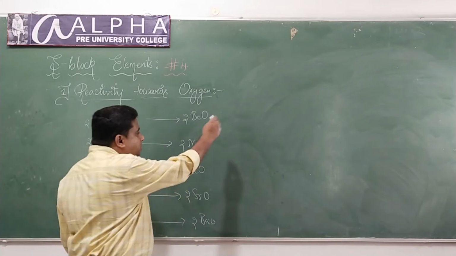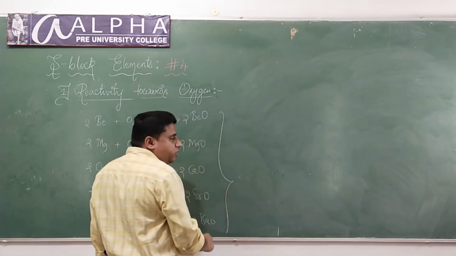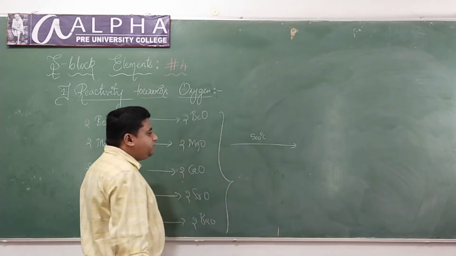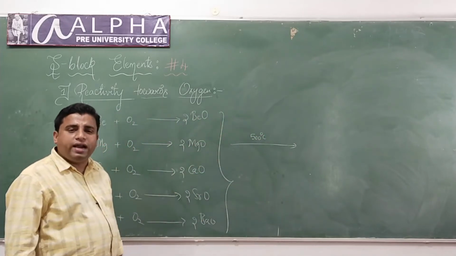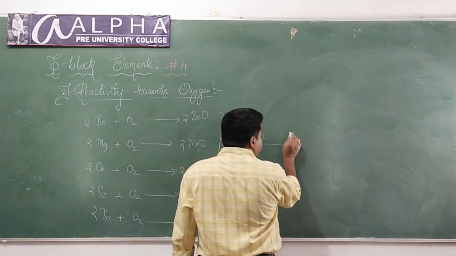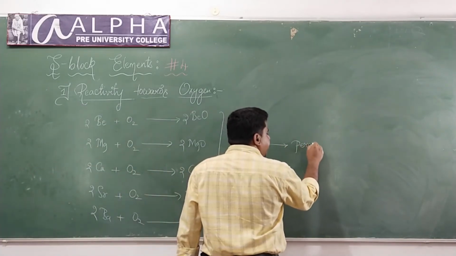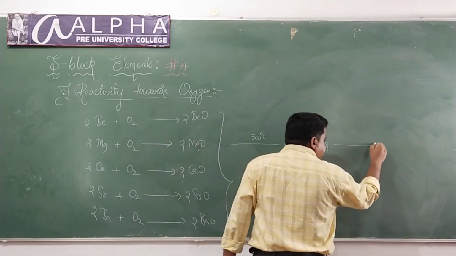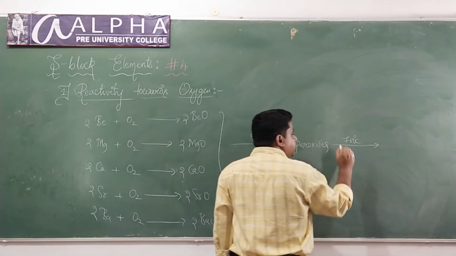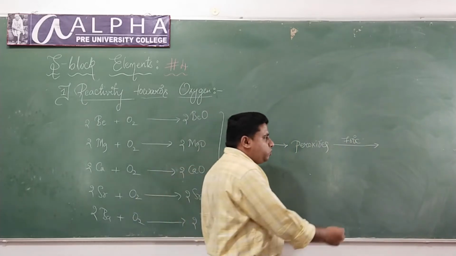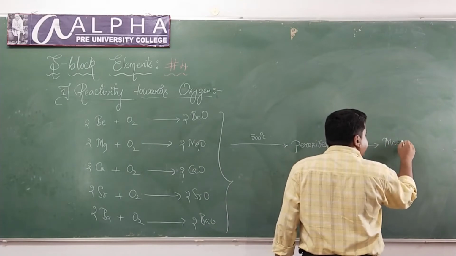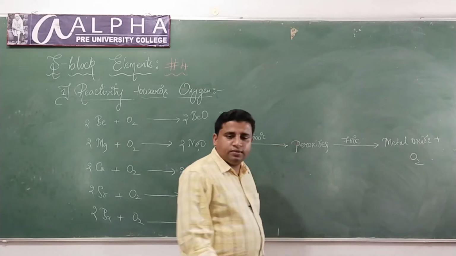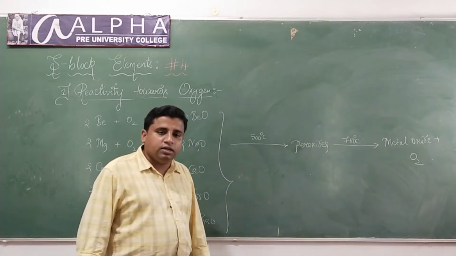But if these normal oxides are heated to about 500 degrees centigrade, they will form peroxides, and when these peroxides are heated to 700 degrees centigrade, they decompose to give back metal oxide and oxygen. Are you getting it?